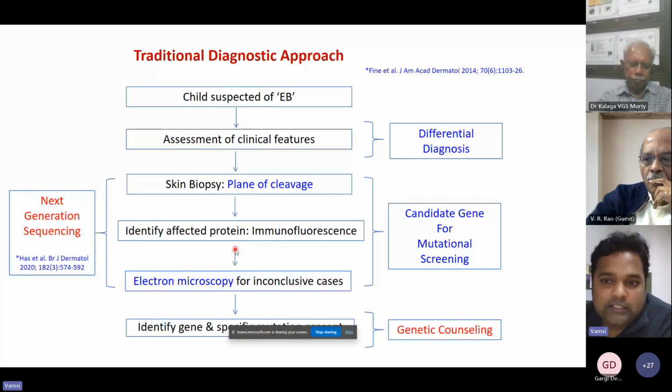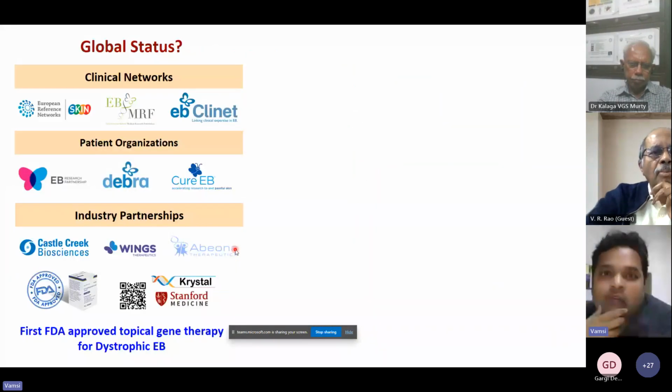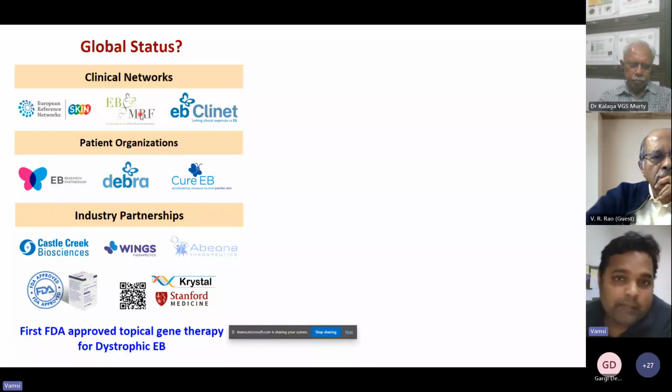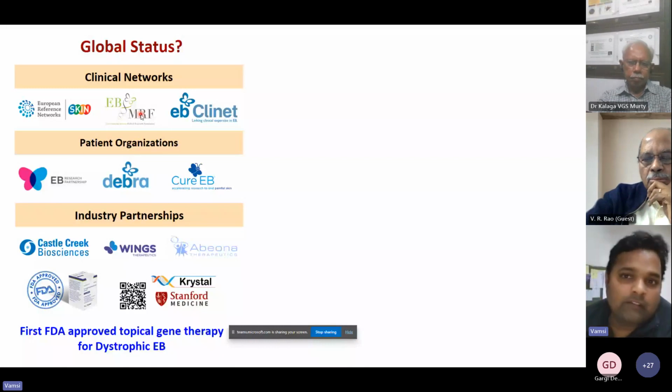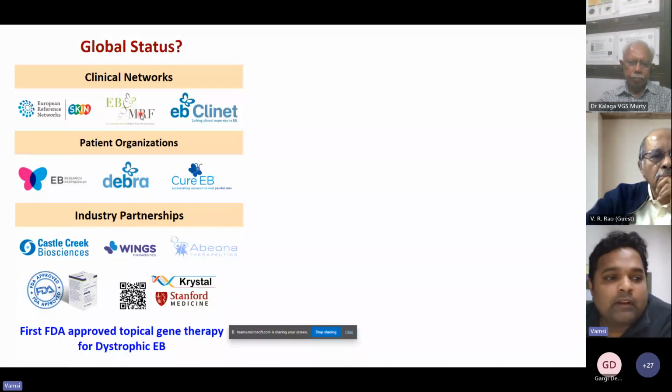While that is there, what is the global status? For EB specifically, clinical networks have been developed, along with dedicated patient organizations in the US and Europe, mostly Western European countries, that actively fund research directed towards patients. There are also more industry partnerships, where leads from academic centers are being taken up and converted into therapies.